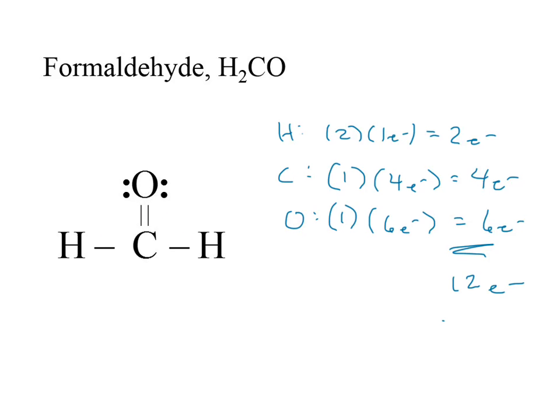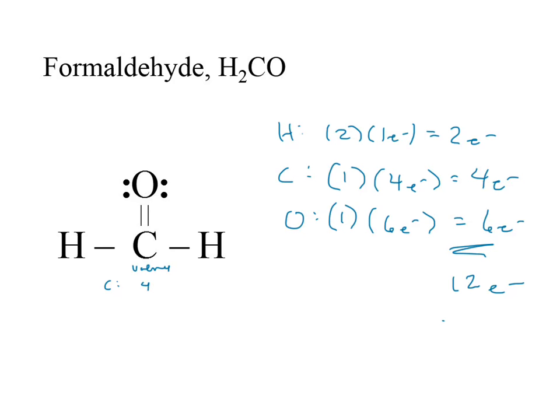Okay, let's look for a complete octet. Around the carbon atom, I got 8 electrons. Around the oxygen atom, 2, 4, 6, 8. I got 8 electrons. It's looking good. The last check, let's look at expected valence. For carbon, the valence is 4.